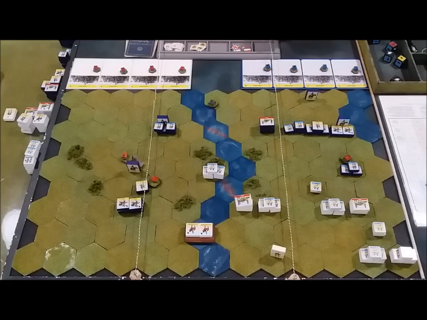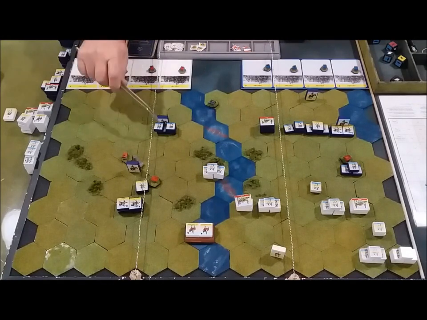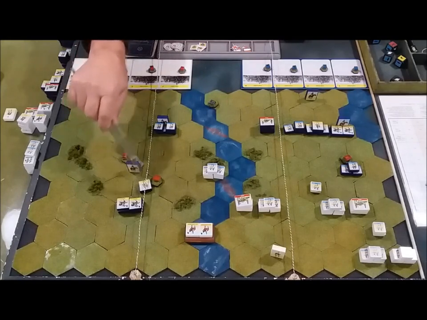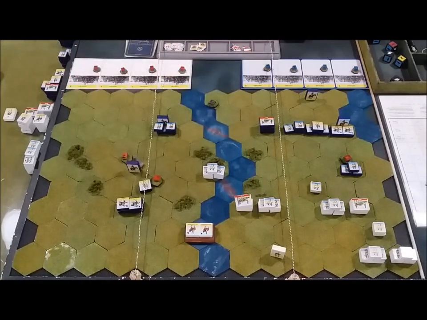Back to the French with their scout right, probe centre, scout left, and attack centre. Righto. So again we have 1, 2, 3 in the centre.